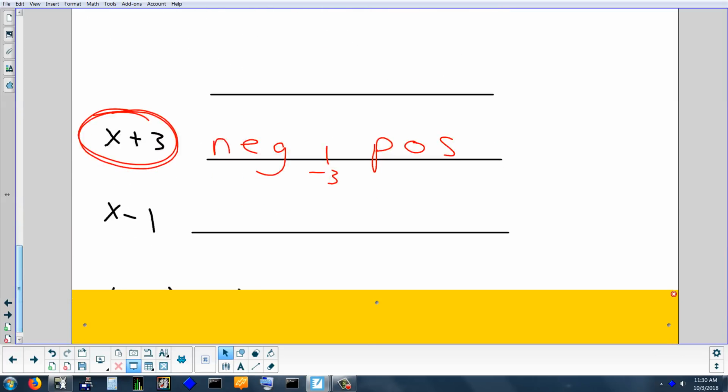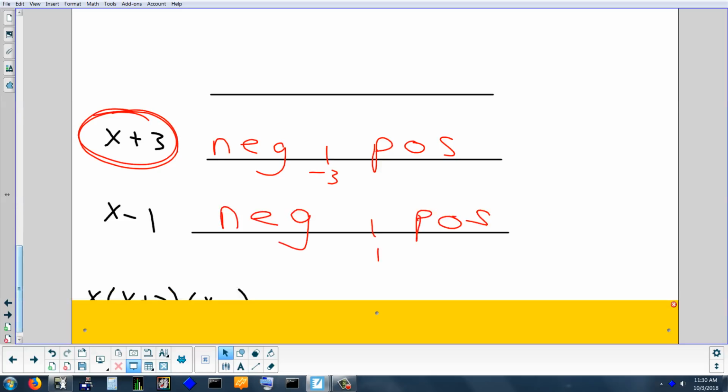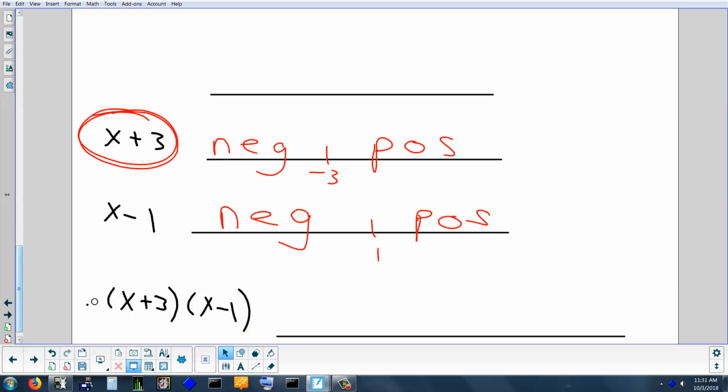What value would make that 0? 1. Plug in numbers smaller than 1, you'll get negative answers. Plug in numbers bigger than 1, positive answers. Now we'll put it all together on the same number line.